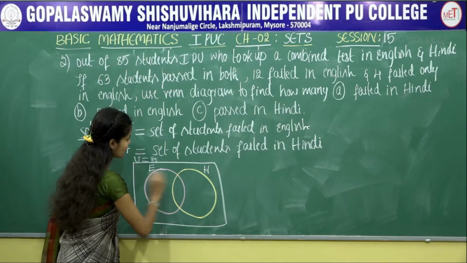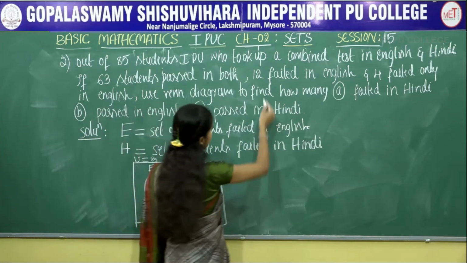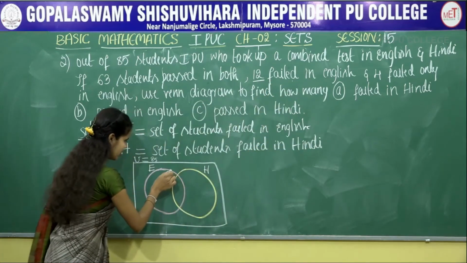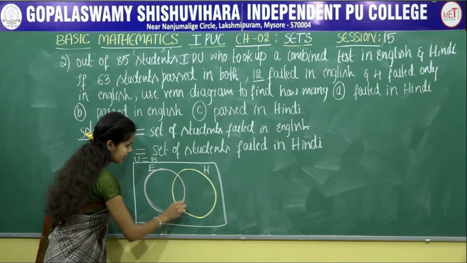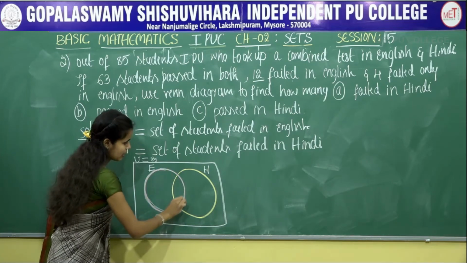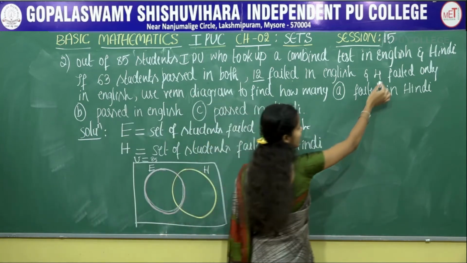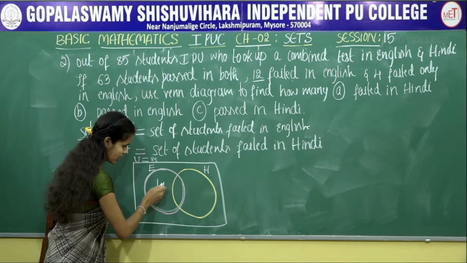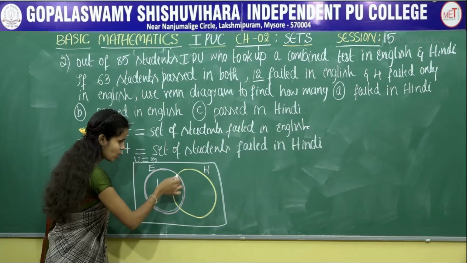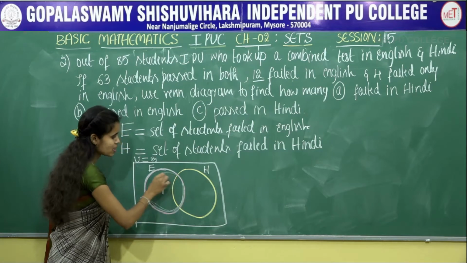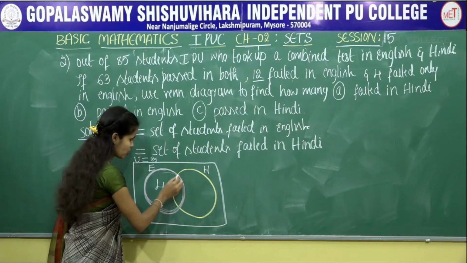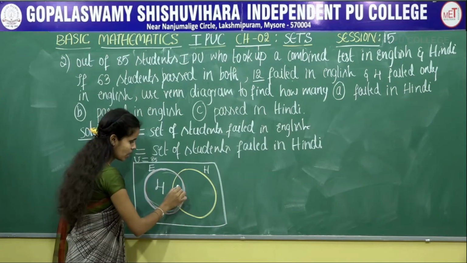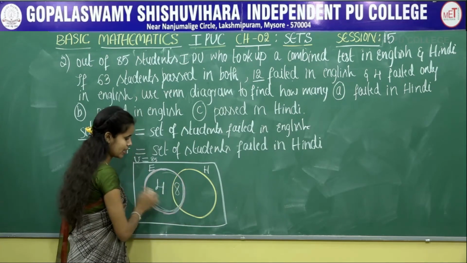Okay, so now substitute here 12 failed in English. We want to write 12 failed in English in this circle, but one more condition is given, 4 failed in only English. So write here 4 failed in only English. 12 students failed in English, so in this circle we want 12, but here observe already we have written 4, we want 12, so remaining 8, write it here.